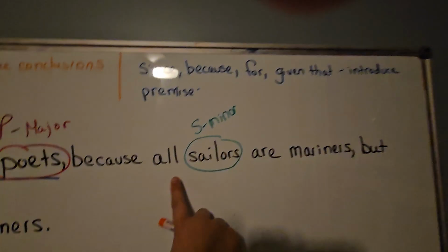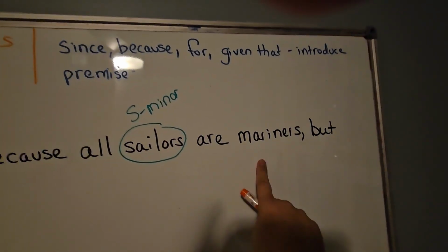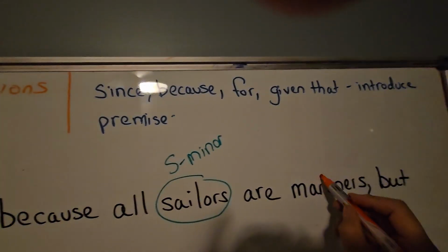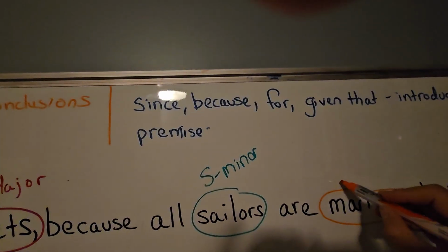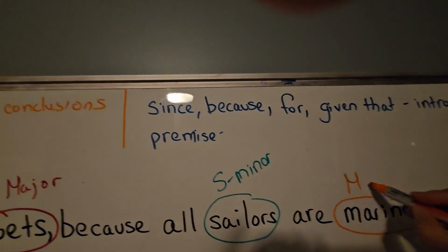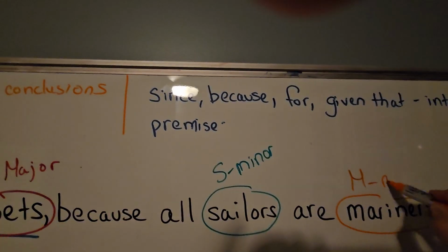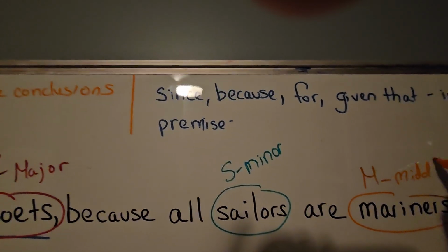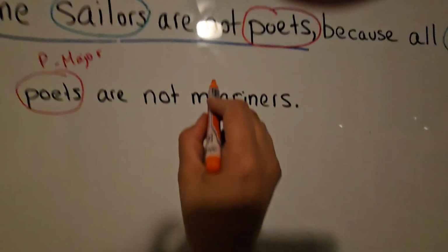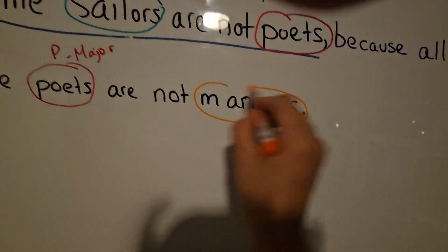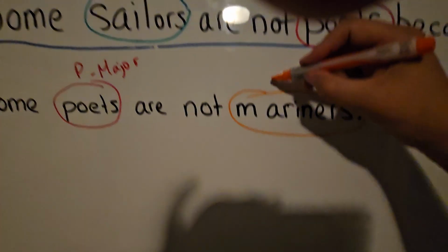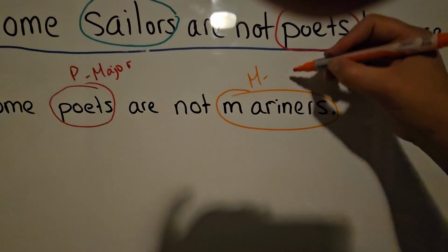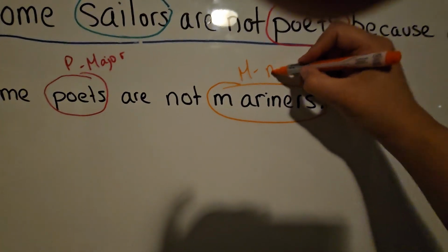So if we look at this first premise, all sailors are mariners, well, there's only one word left. So this word is our middle term, and it's actually labeled M. And it's going to be the same word. Your middle term is always the same word. So in the other premise, it's also mariners. M is for middle.